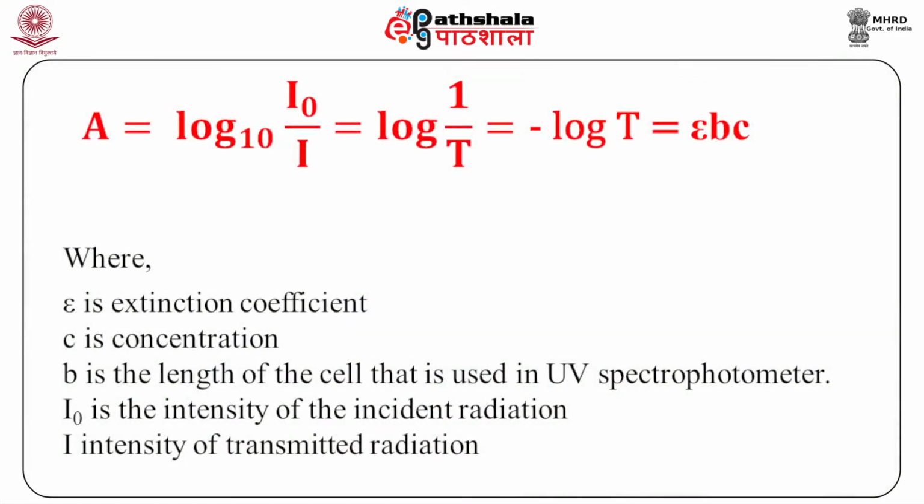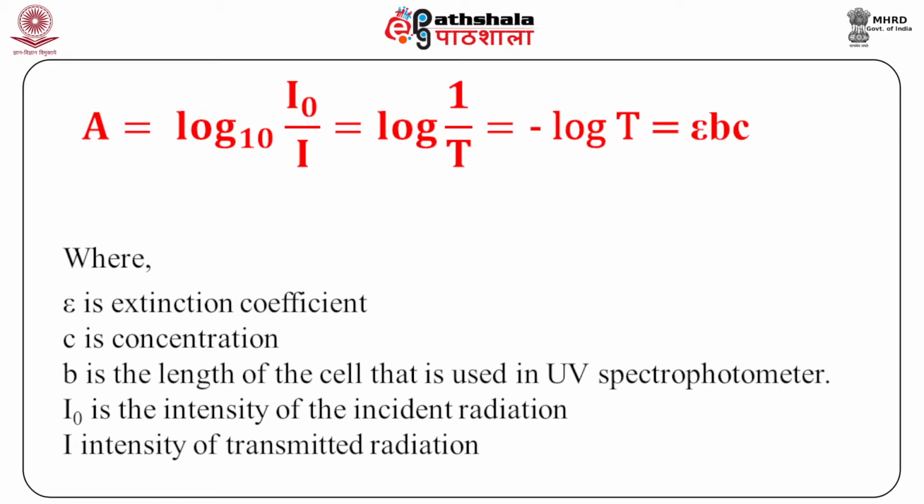Here in this Beer-Lambert's law, A is equal to log10 I0 divided by I, is equal to log 1 divided by T, which then is equal to minus log T, is equal to EBC.